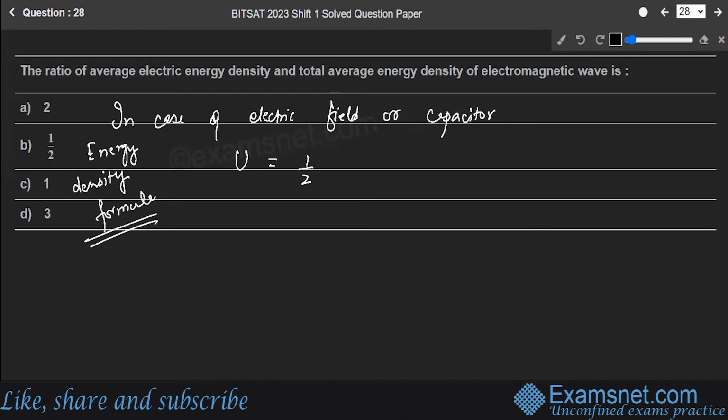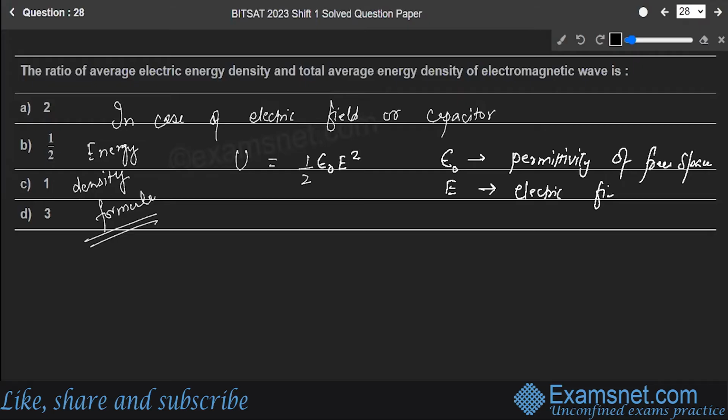So U is given by half epsilon naught E square, where this is permittivity of free space and this represents your electric field.